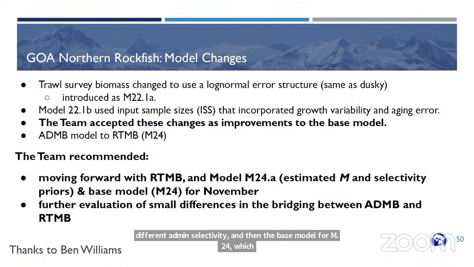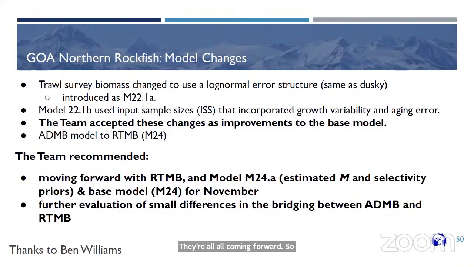I think it's a moot point if they match between ADMB and RTMB. It's more a point for going forward in the future that we would say you don't have to bring forward any ADMB model in the future. Is that better?